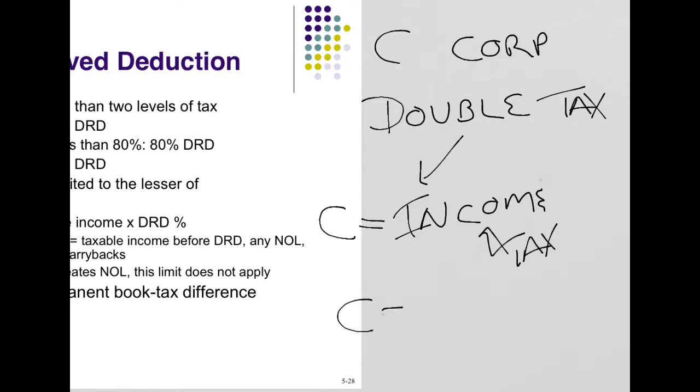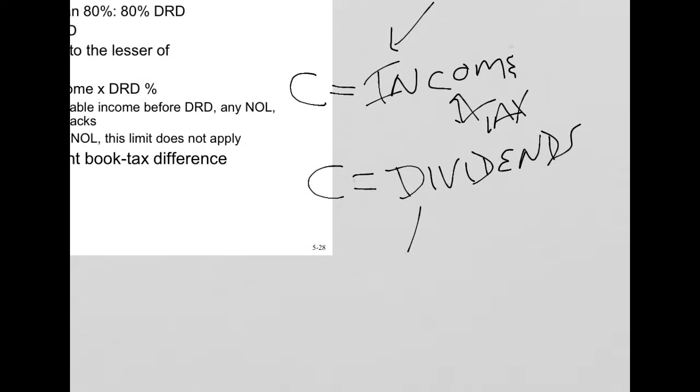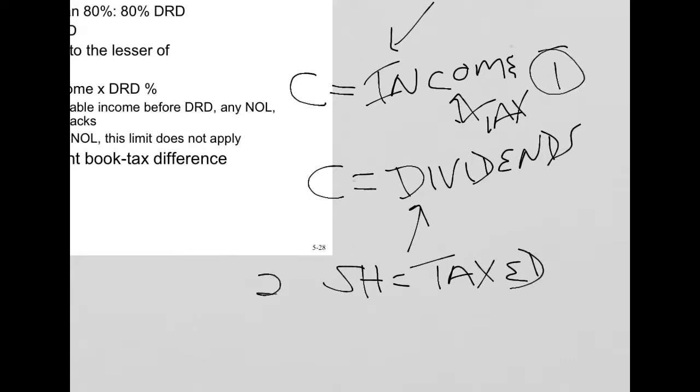The C corporation pays a dividend, which they're expected to do because their shareholders expect it. The shareholder is taxed. So this is one tax. That's tax number 2, double taxation.